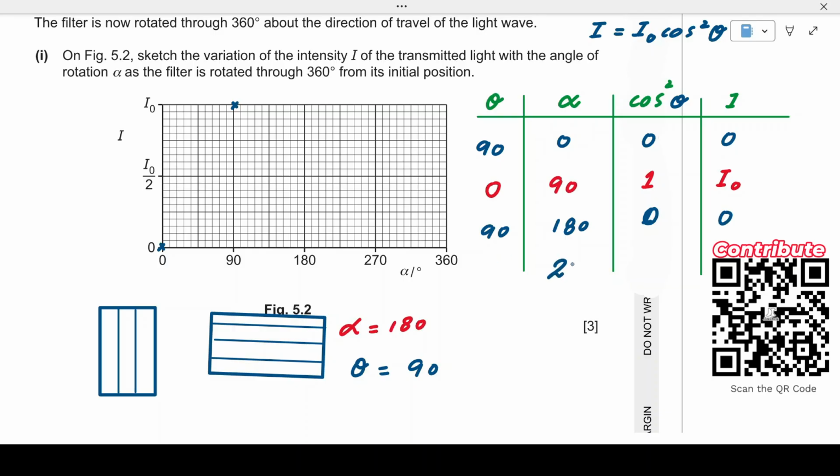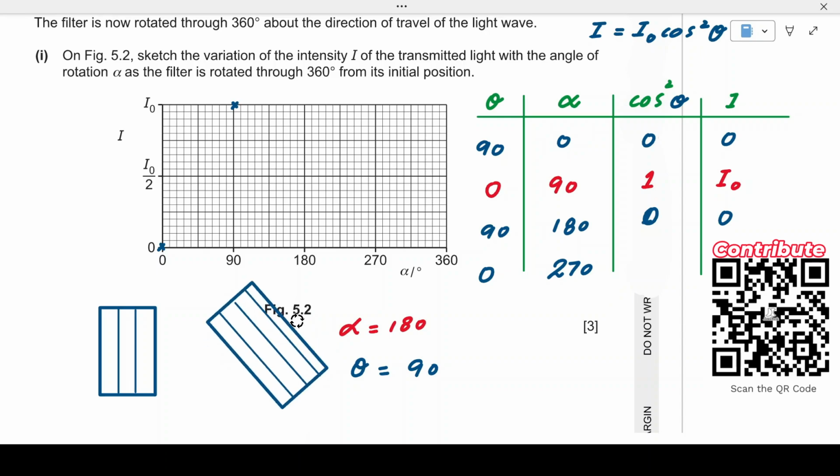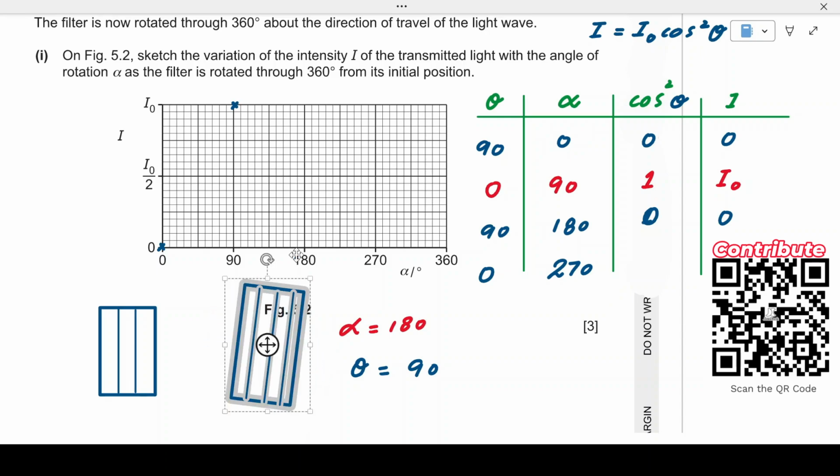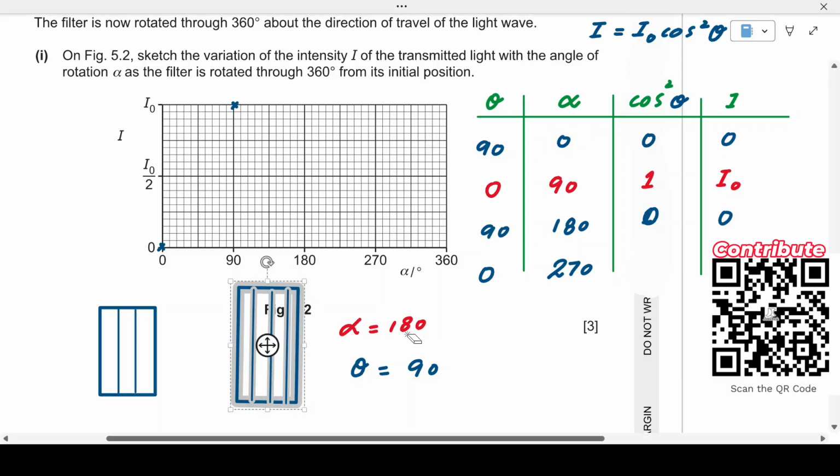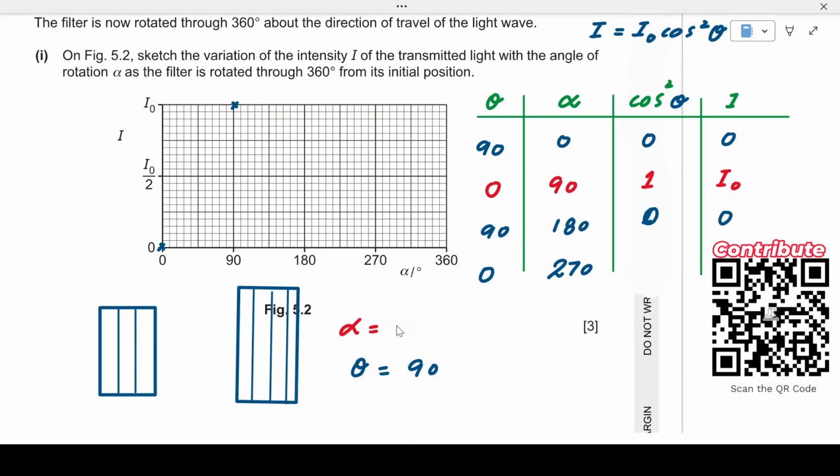You rotate it further 90, this angle becomes 270 and these two become parallel. The second filter will once again become parallel to the first one. It will look something like this. So when you rotate it by 270, they once again become parallel. So when alpha is 270, the angle between these two is 0.